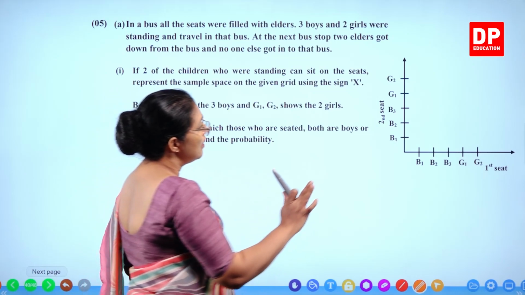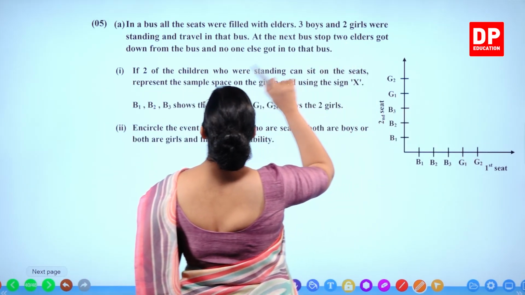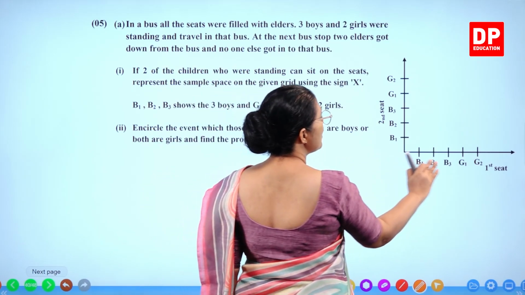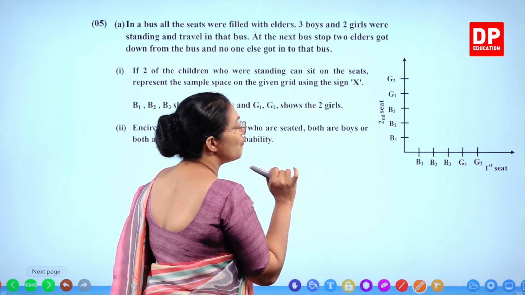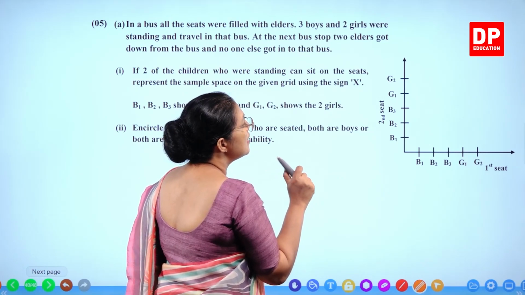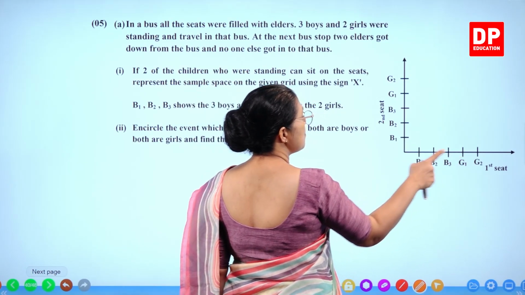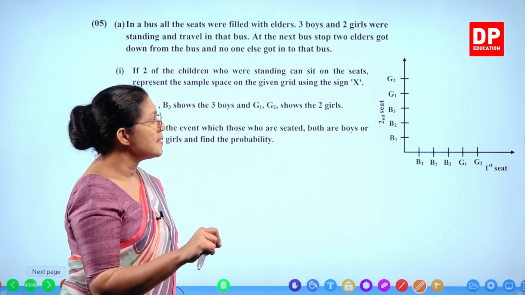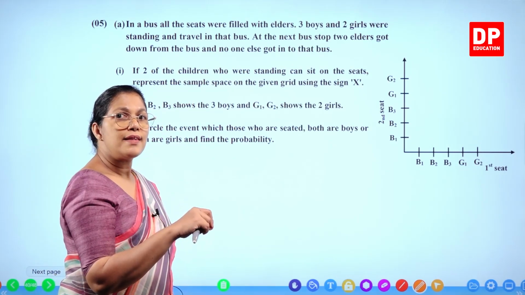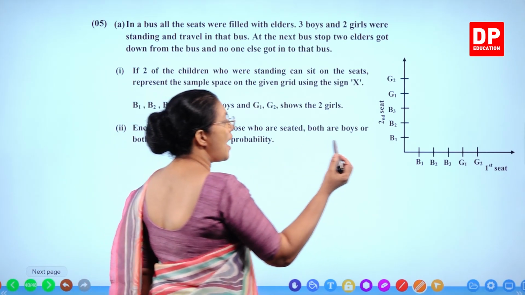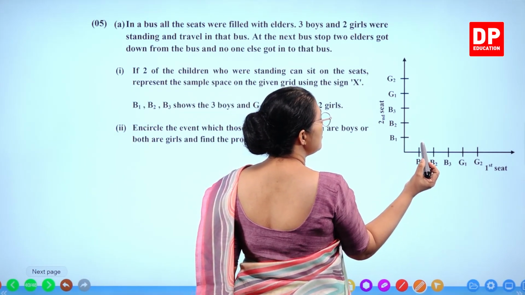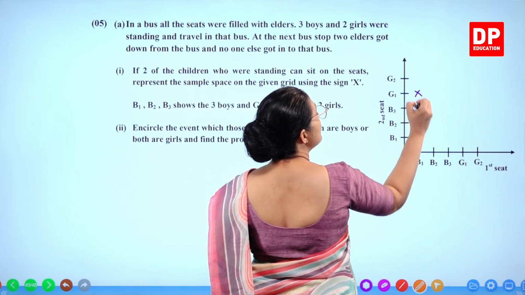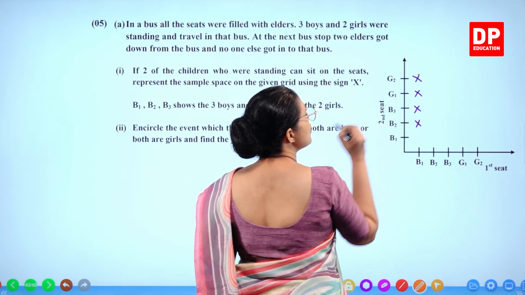So here 5 children were there standing. So 3 boys and 2 girls. So first seat, anybody can sit. But if the first boy sits in one of the seats, he can't take another seat. So that means B1 you can't take. So B1 with B2, B3, B4, this B1 with G1, G2.